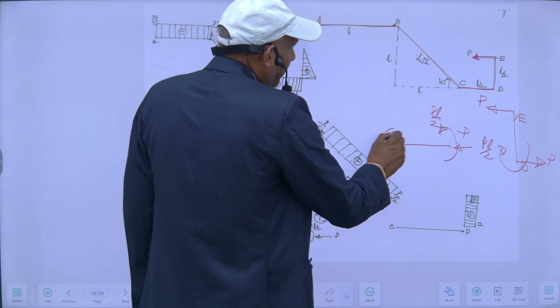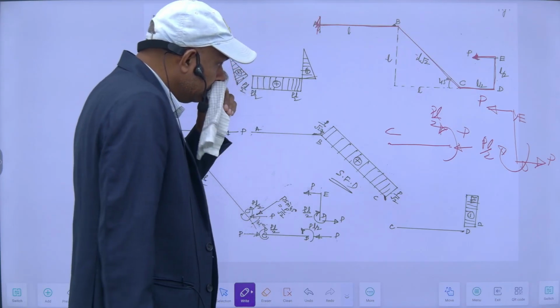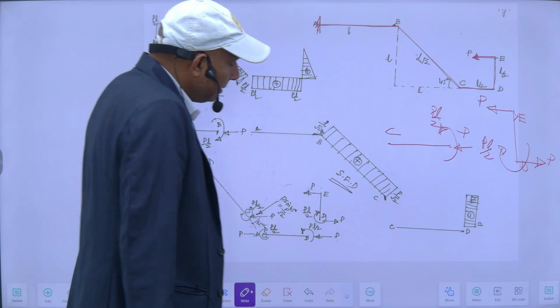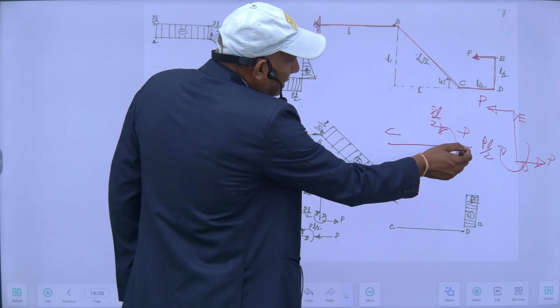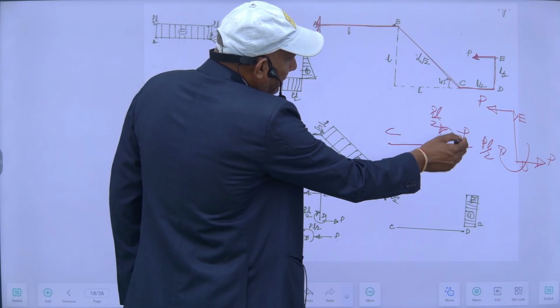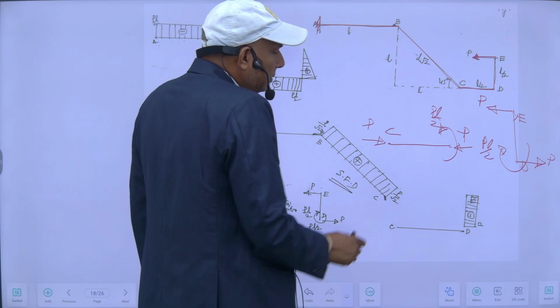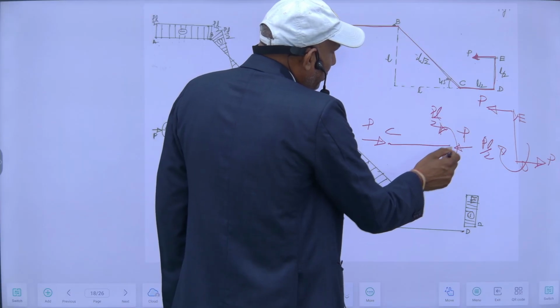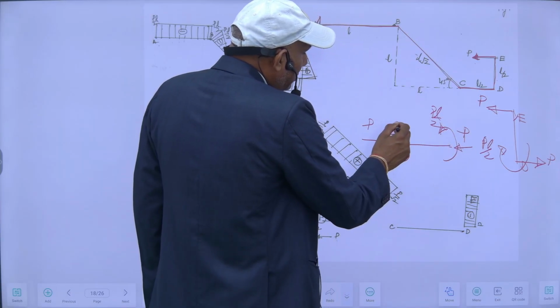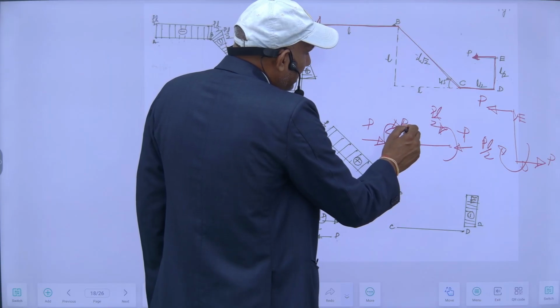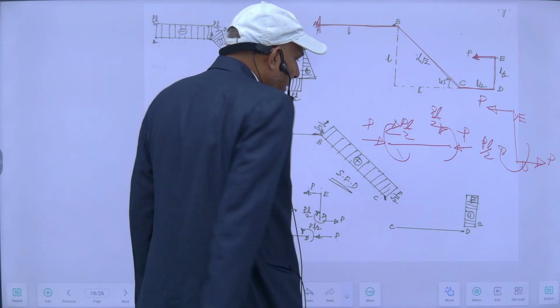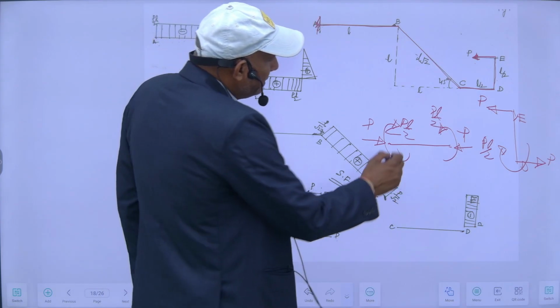This is C, and if this is P, it must be equal to P, and no moment because of the forces. So again there must be a moment of amount PL by 2 opposite to this nature. So this is the free body diagram of the CD portion.